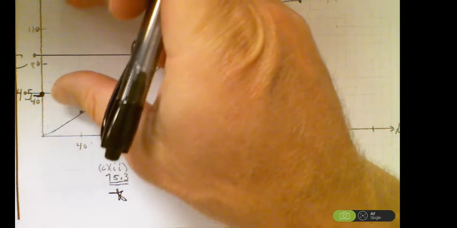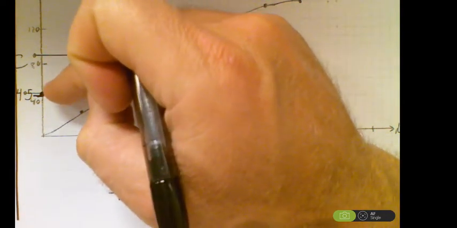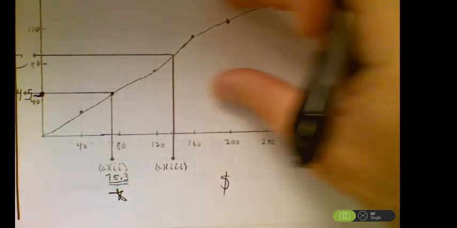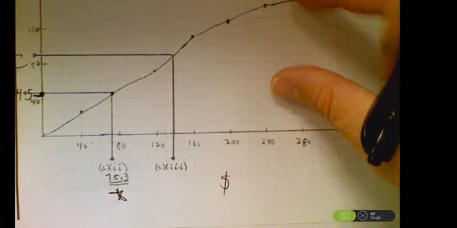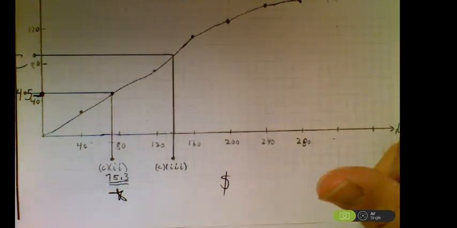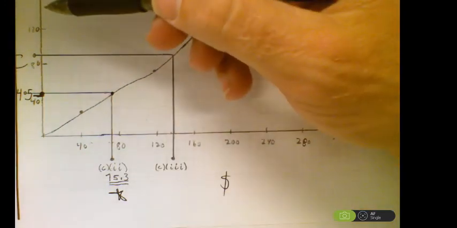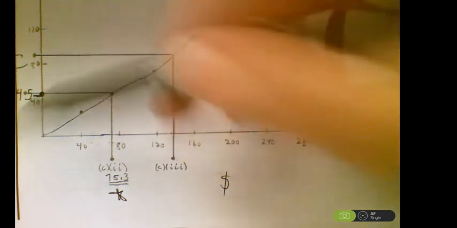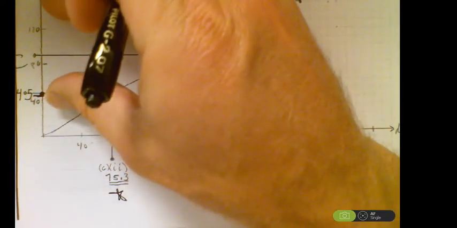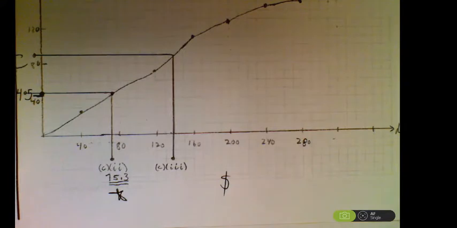So what they are talking about is everybody from customer 45 all the way up to 150. We want to know how many people are in that area of the graph. Because it said more than, in this case I'm just going to do 150 minus 45, which is going to tell me how many people are in that area. So that's how I would get the answer to that part of the question.